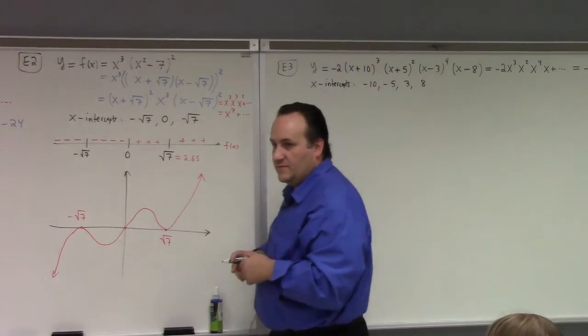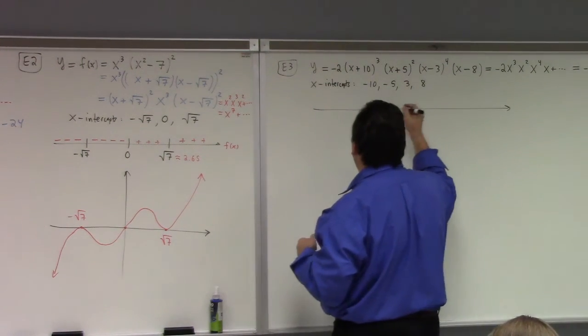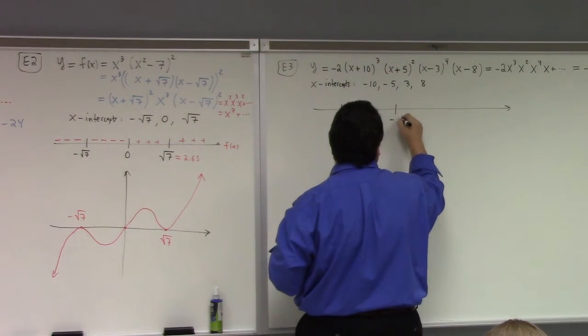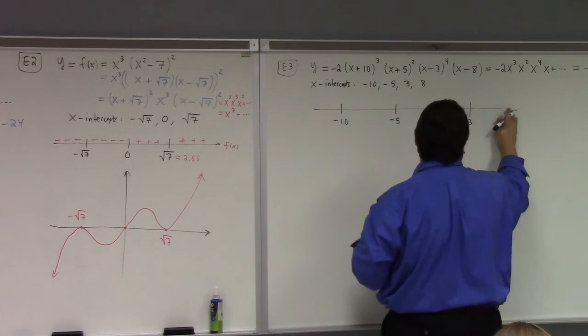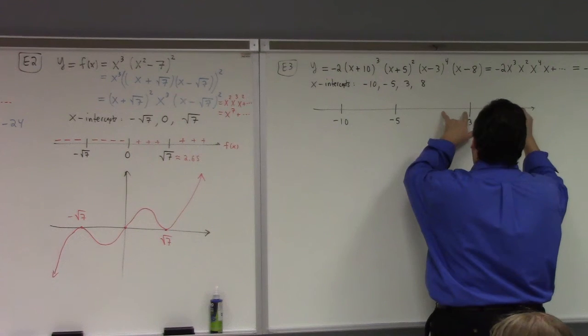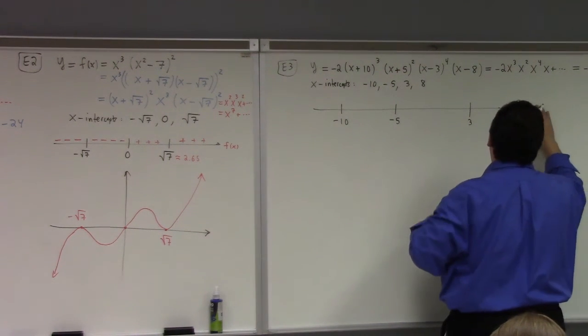Those are your x-intercepts. And so make sure you put them in order on the number line. Start with minus 10, go to minus 5, 3, and over here 8, roughly speaking, all right?